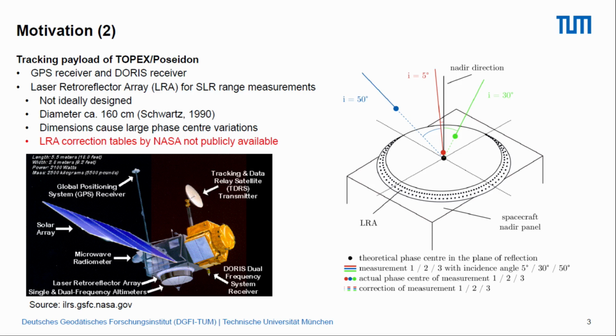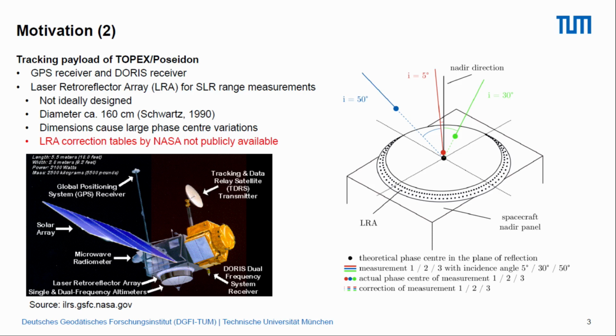It has a diameter of over 160 centimeters, and those dimensions cause phase center variations of several decimeters. As you know, that's not suitable for an altimetry satellite, which has to detect effects of some millimeters on the surface of the Earth.